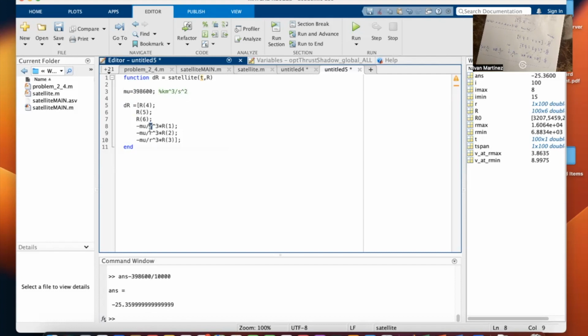R. R is the magnitude of the vector. R is the magnitude of the distance from the center of the Earth to the satellite, which if you remember, we have X, Y, and Z, which are R1, R2, and R3.